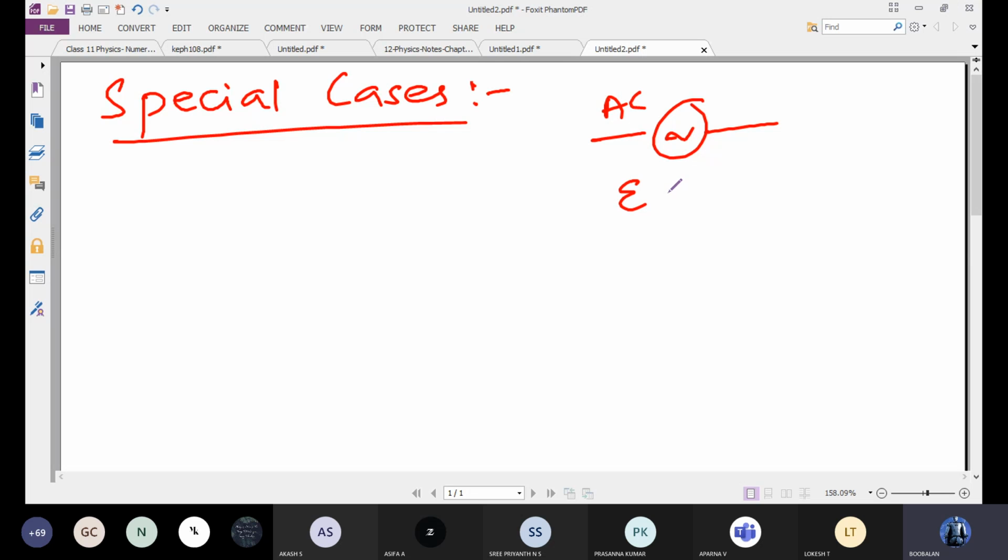For an LCR circuit, or any circuit, the E formula is only E naught sin omega t. It is constant, there is no difference. So E is equal to E naught sin omega t.